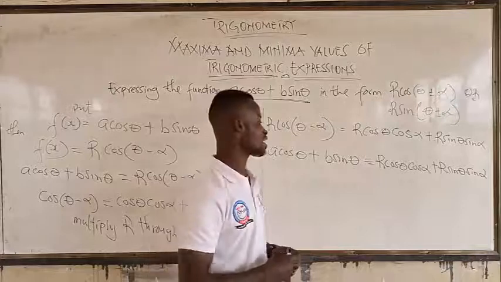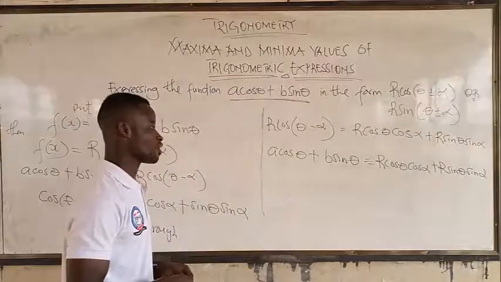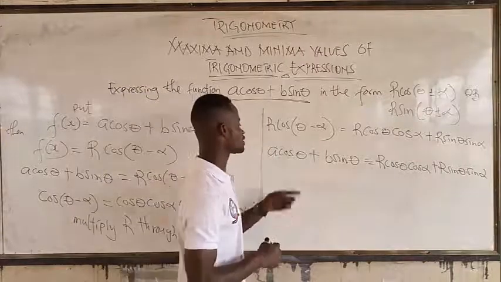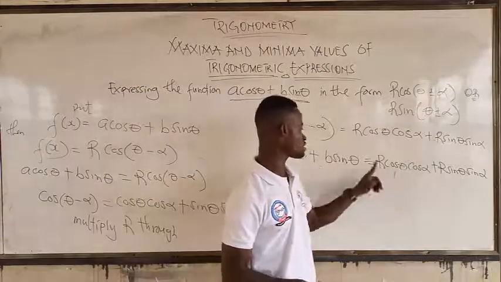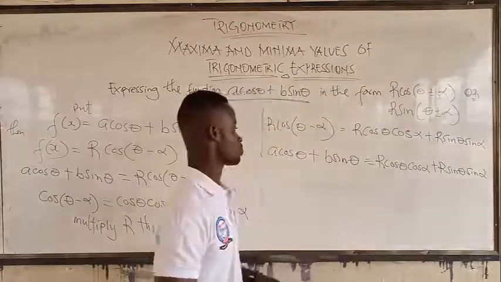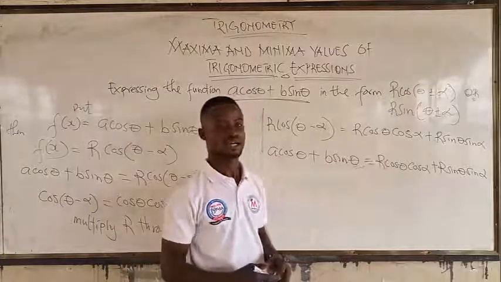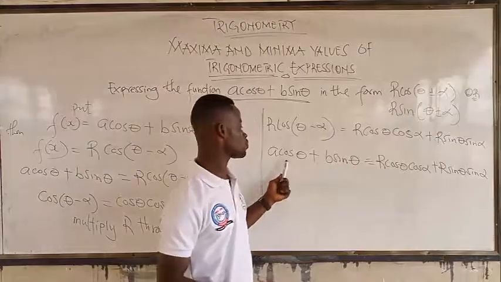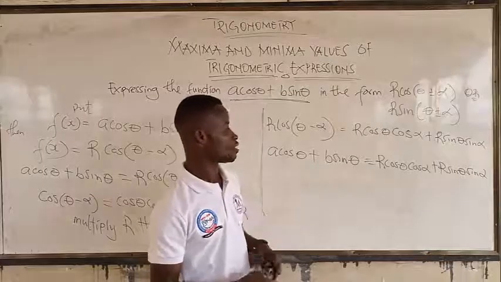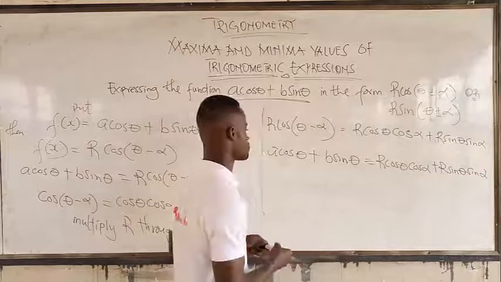So if this is identical to this, then we equate the like terms. Alright, so when you equate the like terms, you can see that cos theta is here, cos theta is here, sin theta is here, sin theta is here. So we can equate. Alright, because what you are going to equate must be in the expression of that so that it can cancel out.